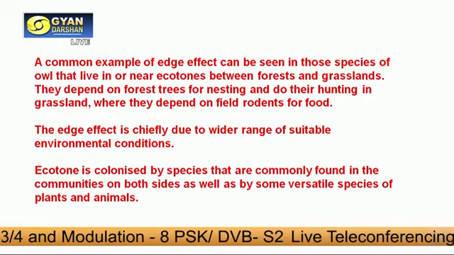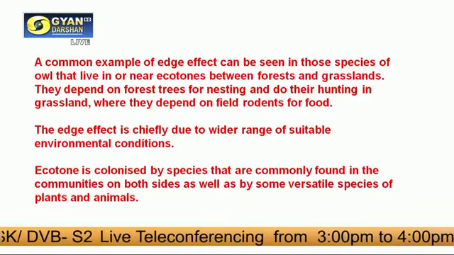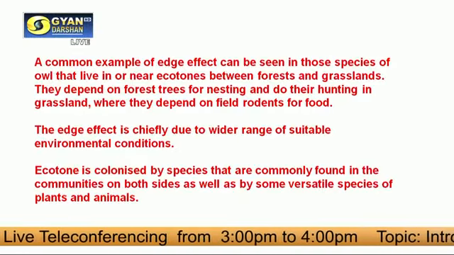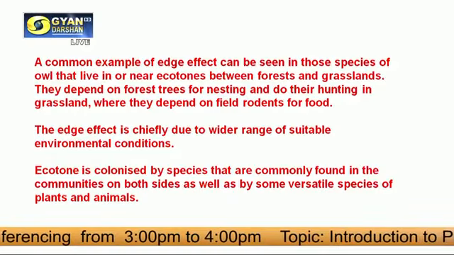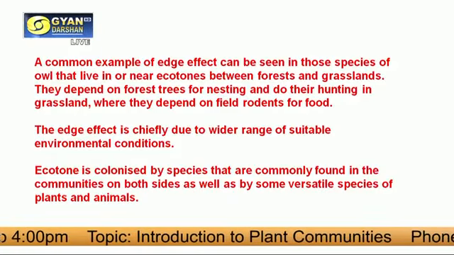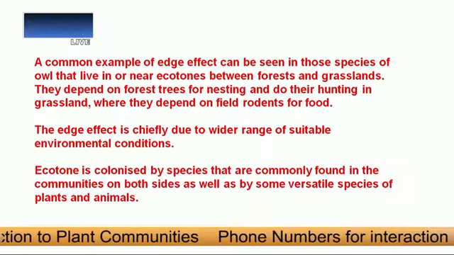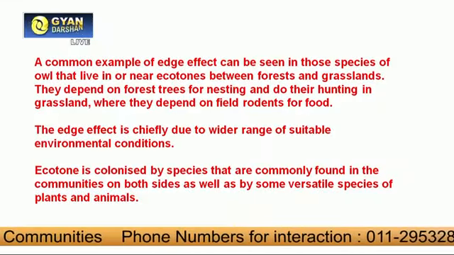Ecotone is colonized by species that are commonly found in the communities on both sides, as well as by some versatile species of plants and animals. So you can give many more examples of ecotone. These are just a few examples.